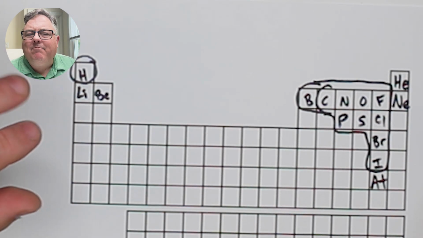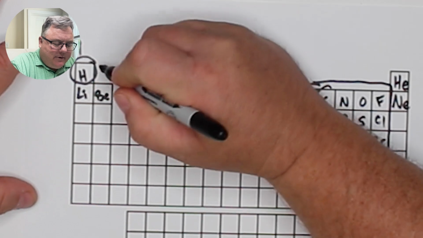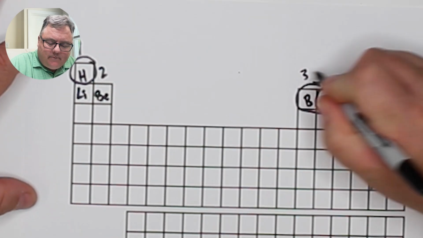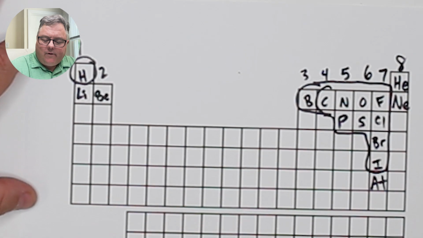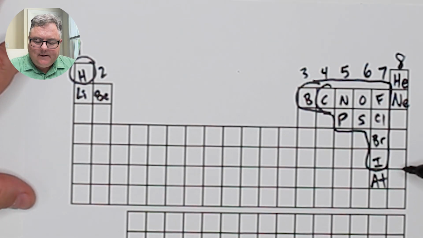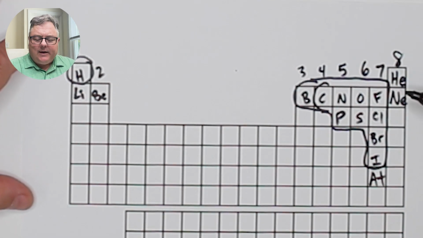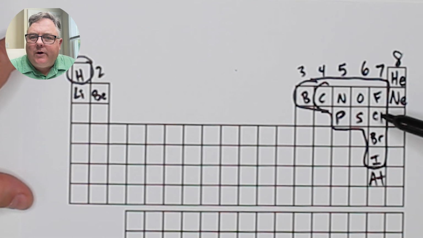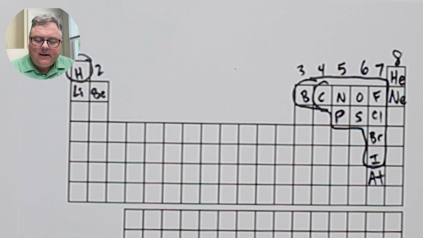Let me just give you a brief glimpse into why we might care. So if I number these columns 1 through 7, and we'll go ahead and go over to 8 for the noble gases, all of these want to be like the noble gases over here. So if I'm thinking about fluorine, what kinds of chemistry does fluorine do? Well, fluorine is in the 7th column here, with 7 valence or outside electrons.